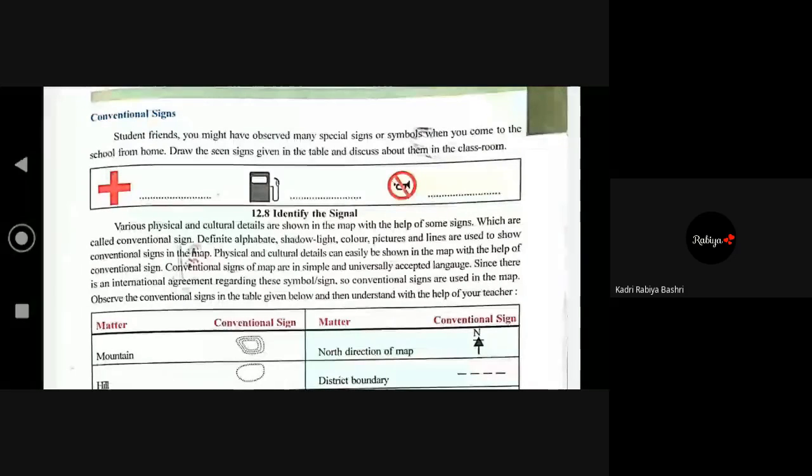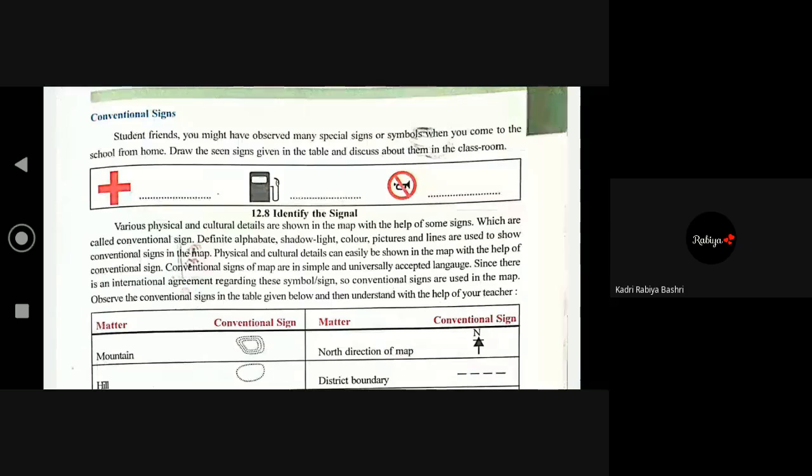Continue, Rabia. Various physical and cultural details are shown in the map with the help of some signs, which are called conventional signs. Definite alphabets, shadow, light, color, pictures, and lines are used to show conventional signs in the map.